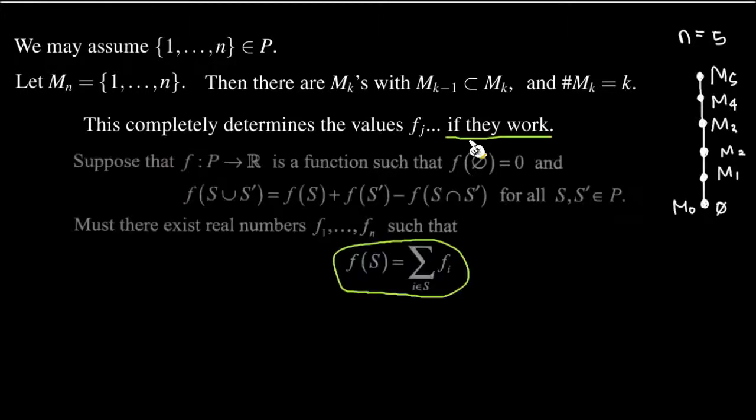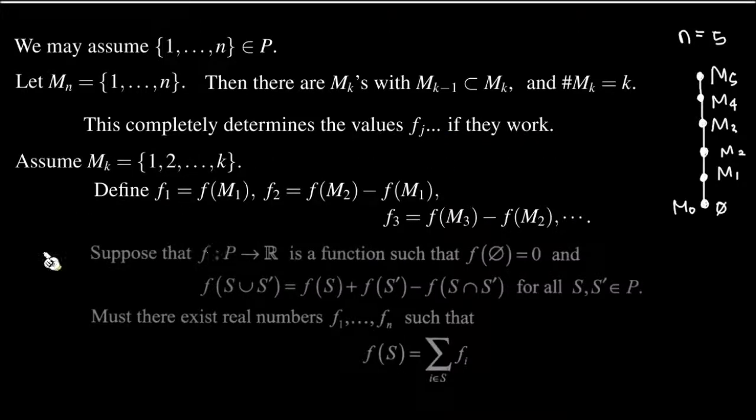Let me explain what I mean by that. This will completely determine these values fj, and we hope that the function value f at that set is always obtained with these values. So whether they work or not, this chain completely determines the value fj.